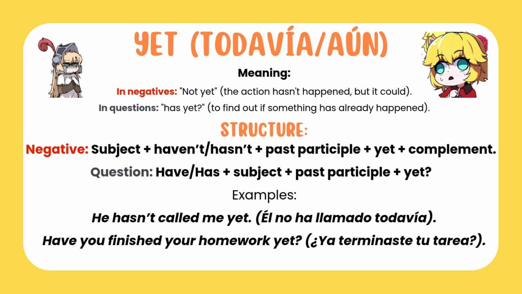In negative structure, it is subject plus have or has plus not plus past participle plus yet plus complement. In interrogative structure, it is have or has plus subject plus past participle plus yet plus question mark. Here are some examples. He hasn't called me yet. Have you finished your homework yet?